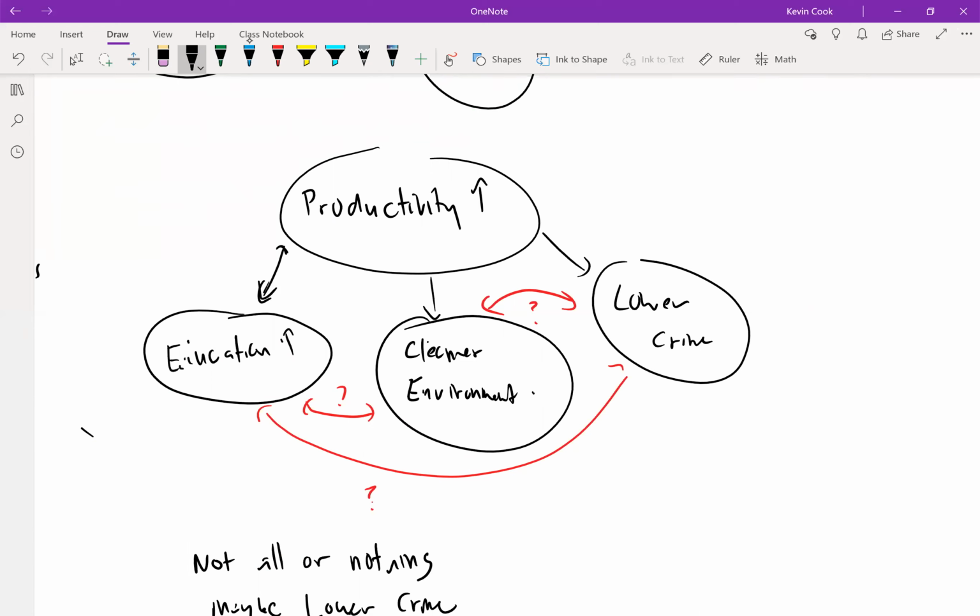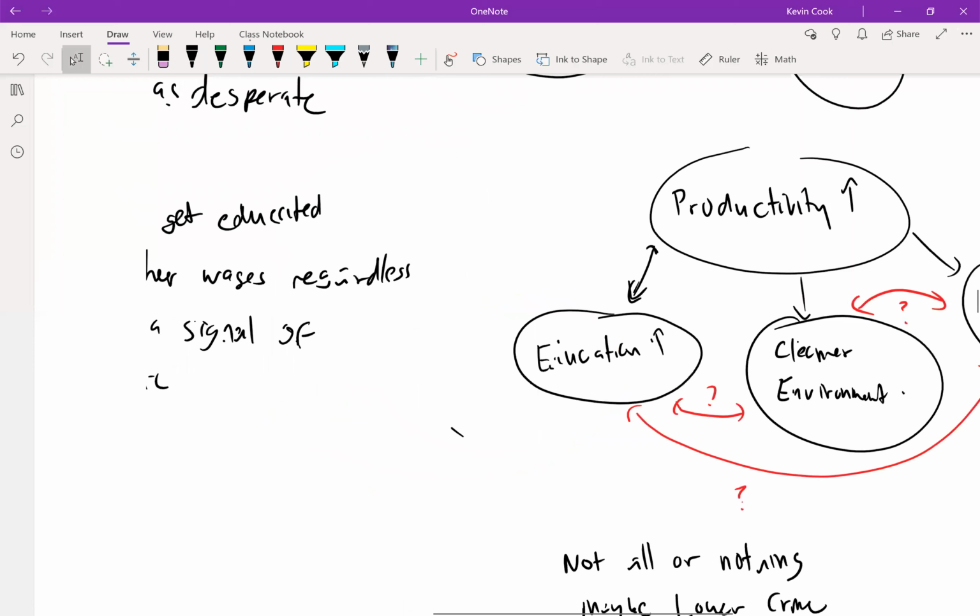But also, once the education system is built, you have to keep people educated in order to continue that productivity. If you have a population where nobody knows how to do anything, that productivity will not continue. So this part right here is kind of a two-way street.